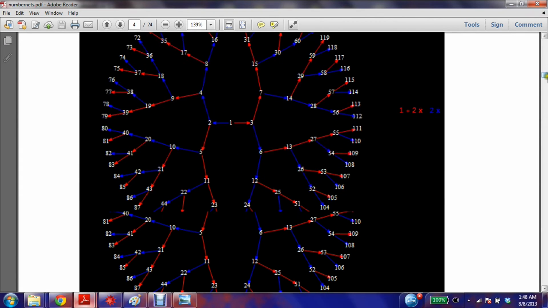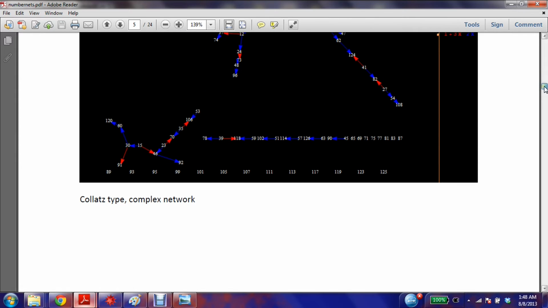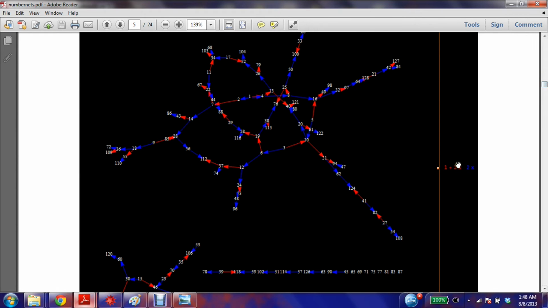And suddenly, when we get to this one here, involving 3x plus 1 and 2x, we find that the network's quite complicated. Okay, so a good question to ask then is, how complicated is this?